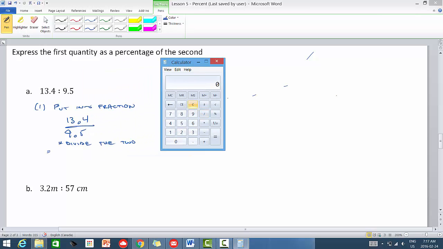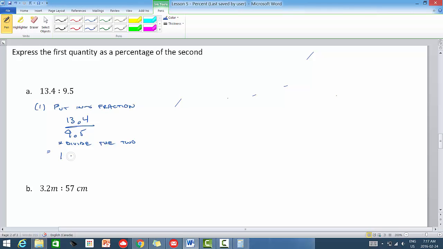So 13.4 divided by 9.5 equals 1.41. We'll just take it to two decimal places. So 1.41.